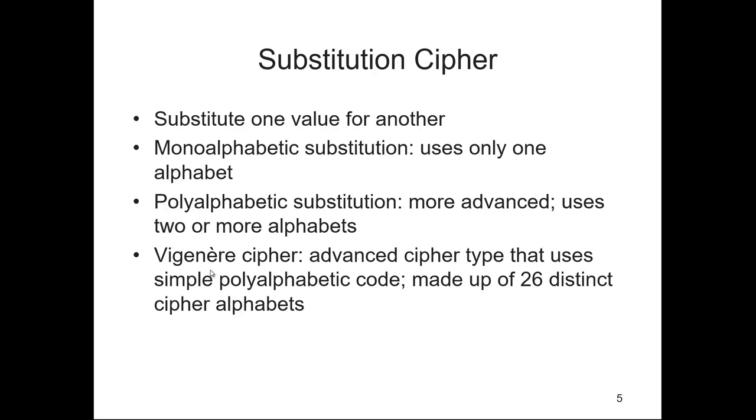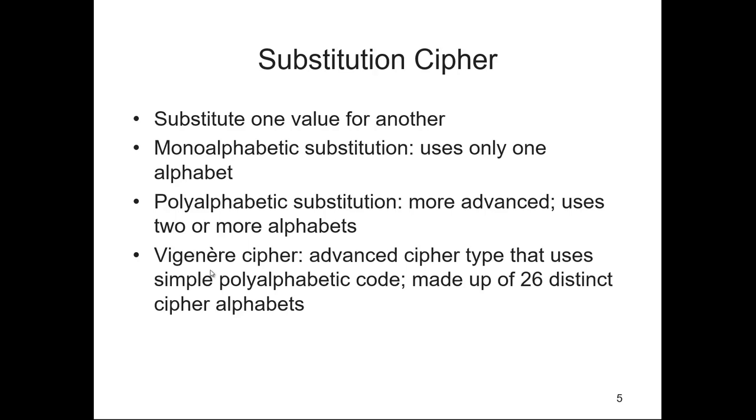In the substitution cipher, you substitute one value for another. That's how we do the encryption, by taking some of the letters, some of the numbers, and replacing them with other numbers based on the key or based on the code that I have. This is a simple enough method by itself, but it's very powerful if we combine it with other operations to encrypt the original message.